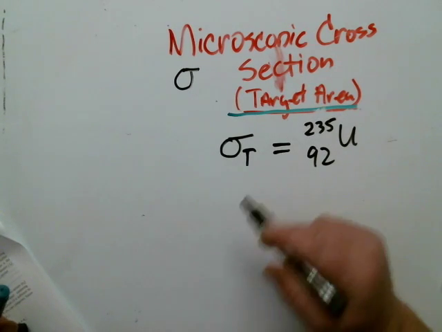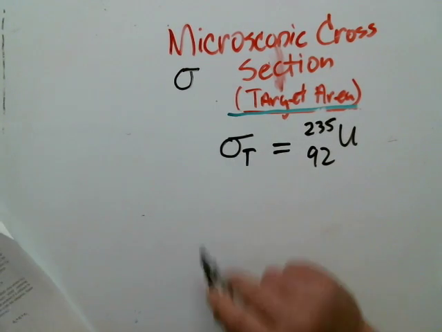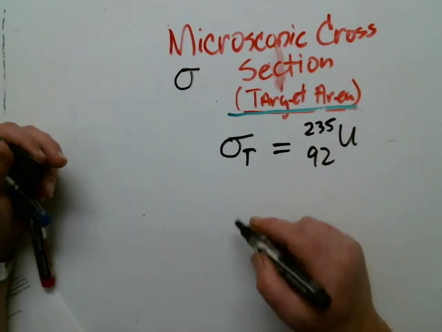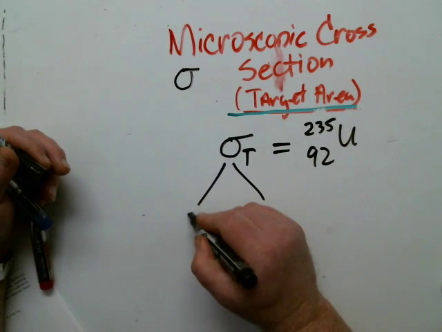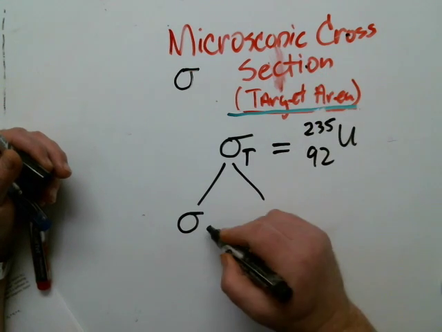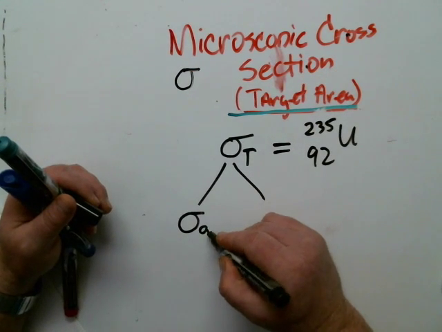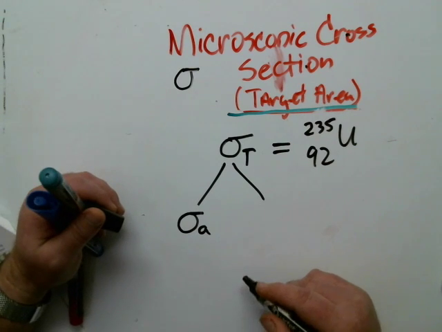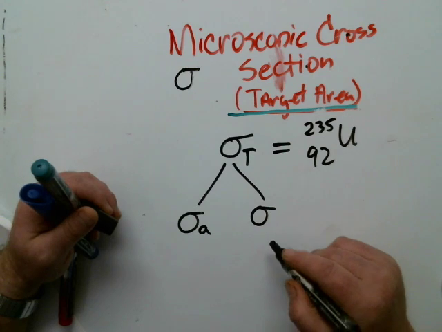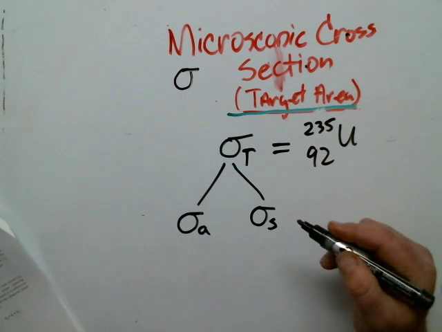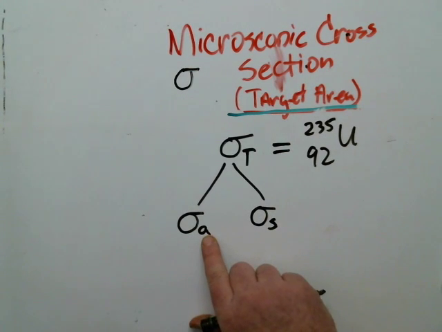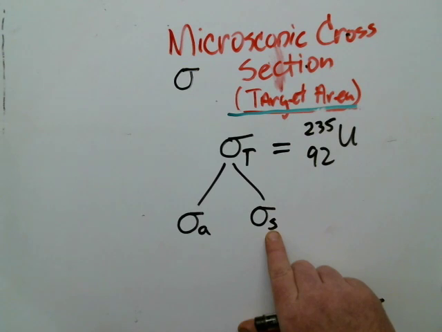But there are different interactions. So we have to further break down this total. The two broad categories are, there's a probability, a microscopic cross-sectional area probability for the neutron to be absorbed, and then there's a microscopic cross-sectional area or ability for it to be scattered. Then we can further break those down. And we'll look at what the absorption reactions are, and we'll look at the scattering reactions.